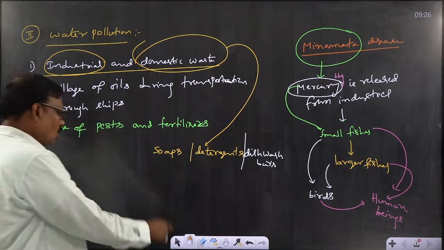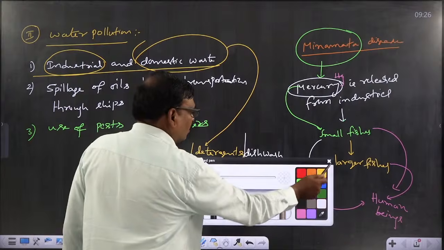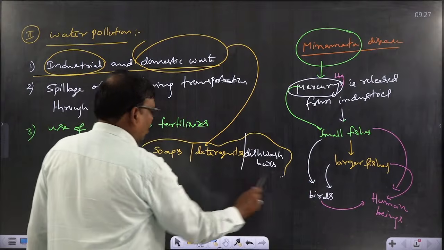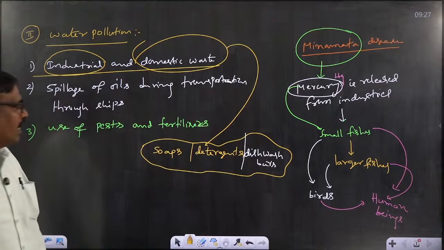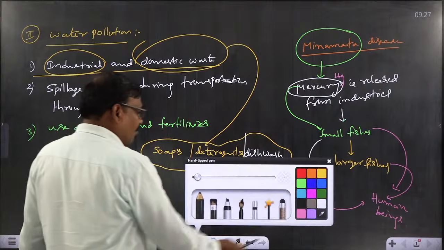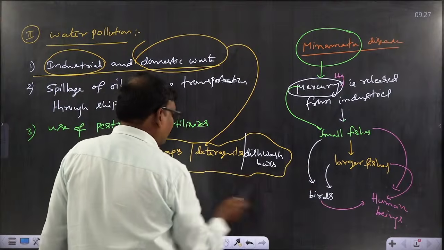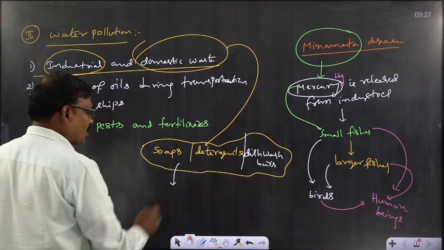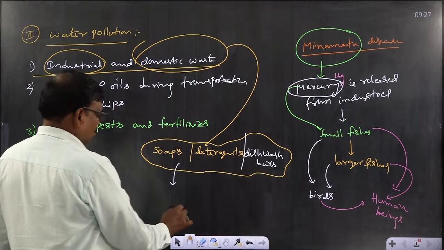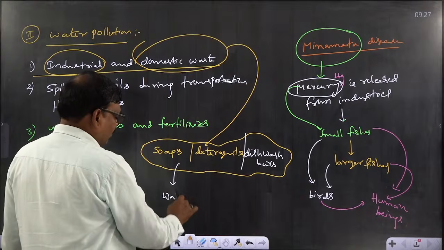Whenever we use these soaps or detergents, they enter into the water body, because whatever waste is released during the use of these detergents or soaps will enter the water bodies.